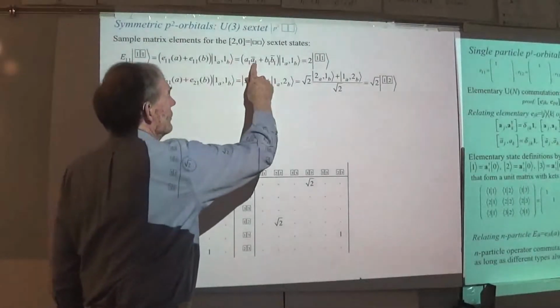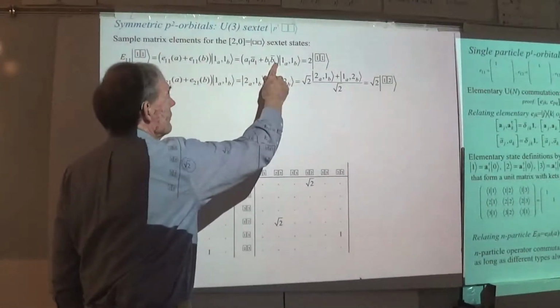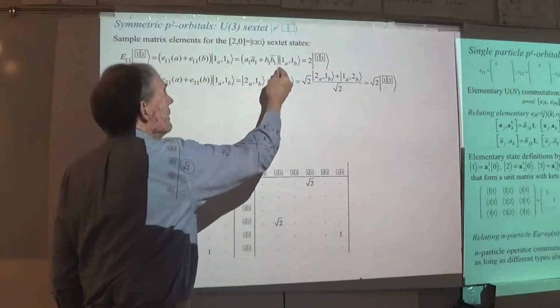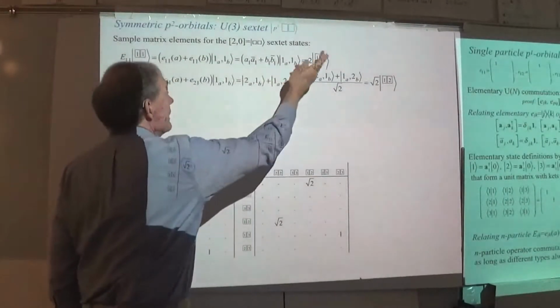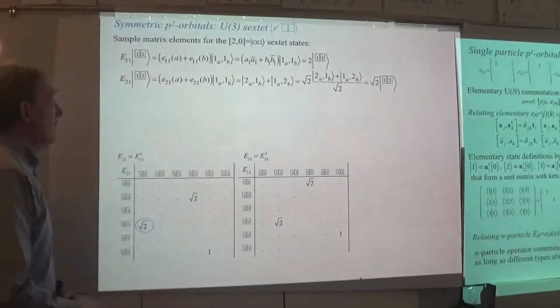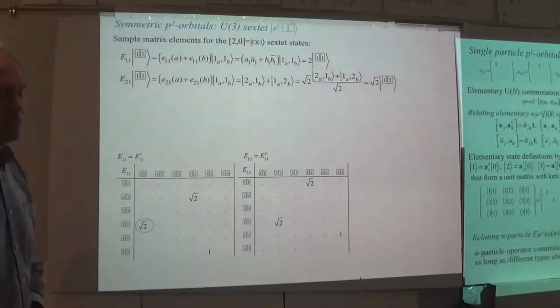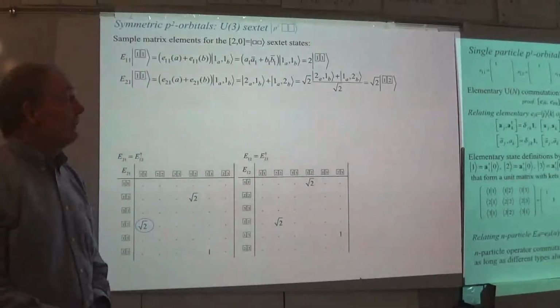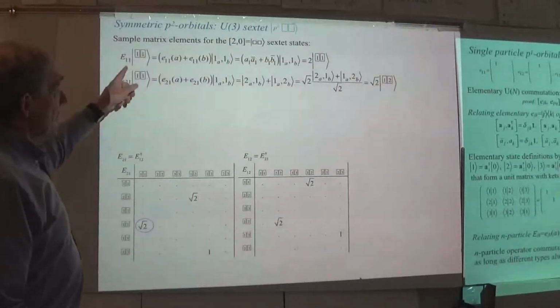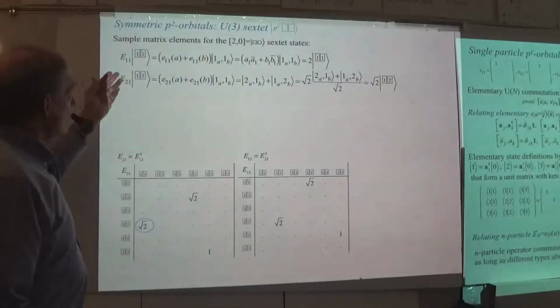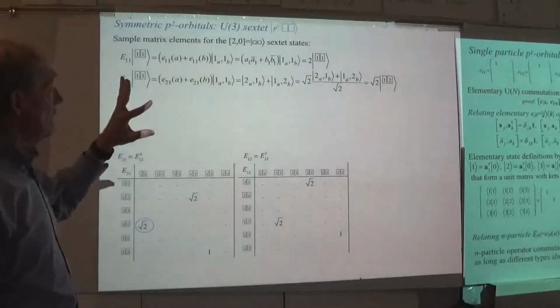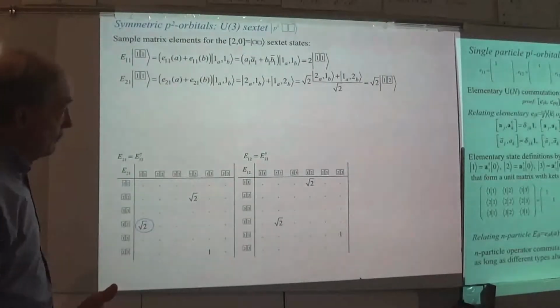So what this thing does is count the 1s, and then this one counts them again for the B particle. So it's 1 for each. That gives 2. Okay, so that's our 1 plus 1 equals 2 law right off the bat. So these diagonal operators, E1,1, E2,2, E3,3, that's all we've got for U3. They're counters, that's all they are.